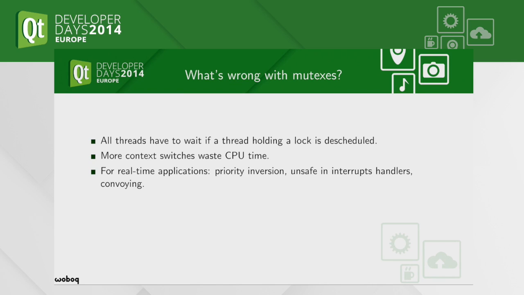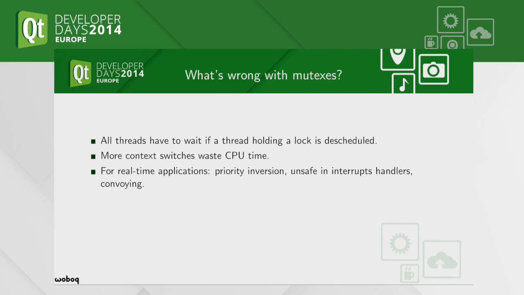Then all the other threads are going to reach the time when they have to lock, and all the other threads are also going to be descheduled. That wastes a lot of CPU because of all the context switches that the operating system will have to do. And also the CPU will be underused because only one thread will be able to run while all the other cores are sleeping.